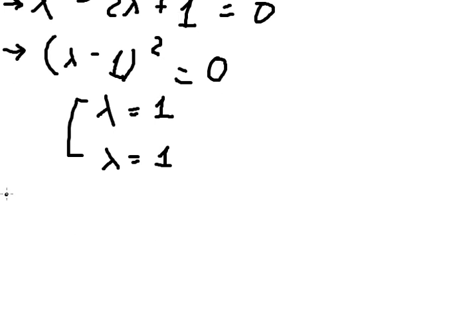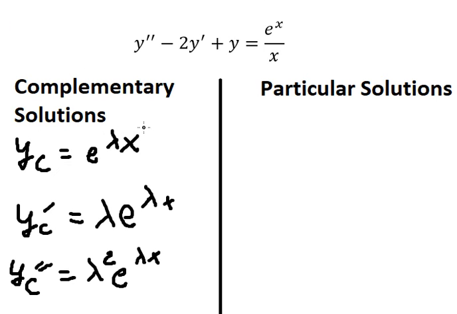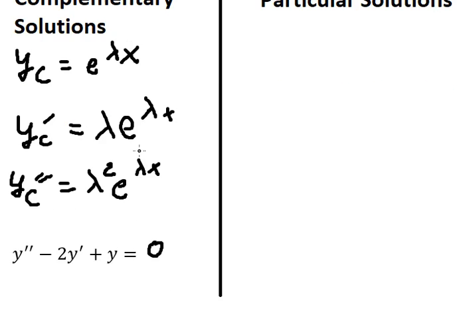So we have yc, that is c1, the constant 1, e to the power of s, because we change 1 into lambda. That's why we have e to the power of s.